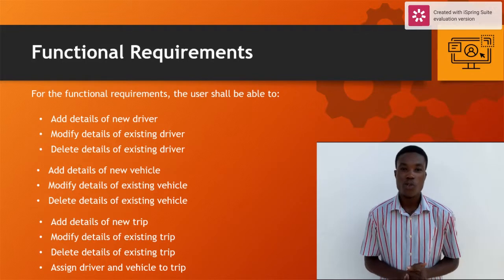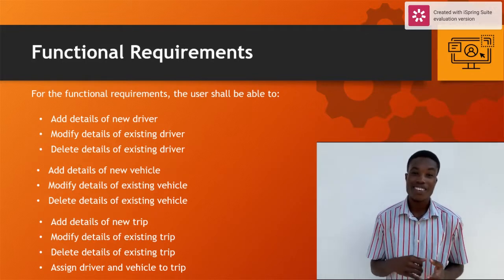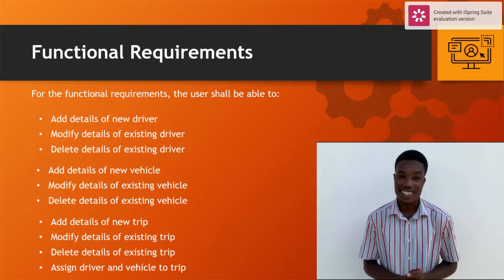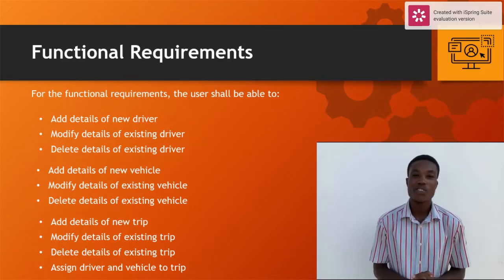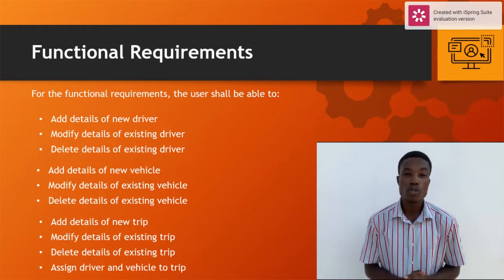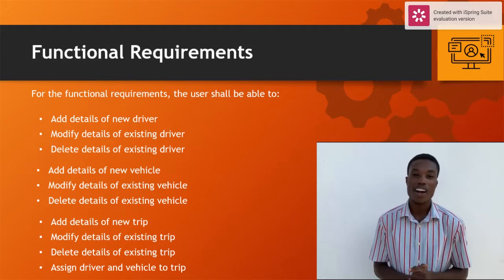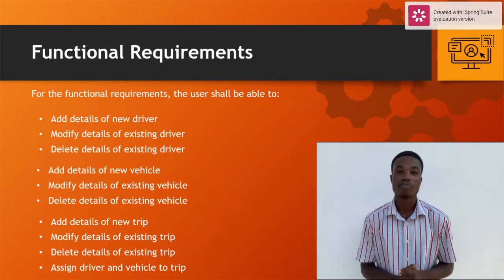The user is also required to be able to delete details of existing trips, vehicles, and drivers in the system. One main functional requirement not to be left out is the user being able to assign a vehicle and a driver to a new trip.